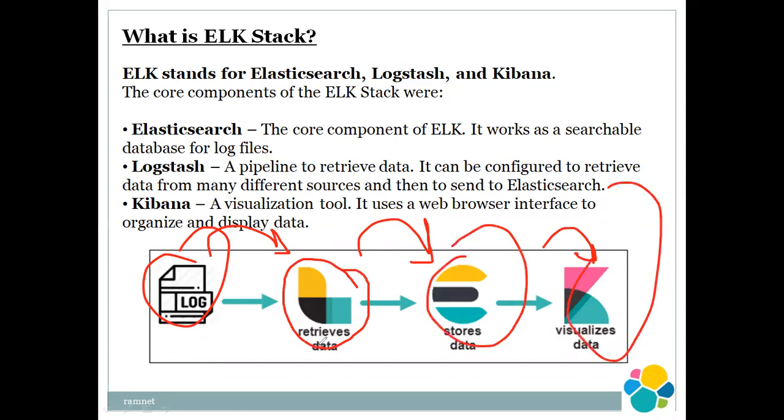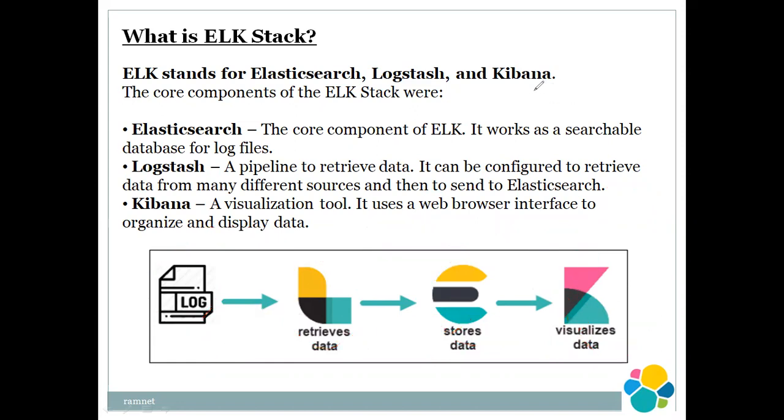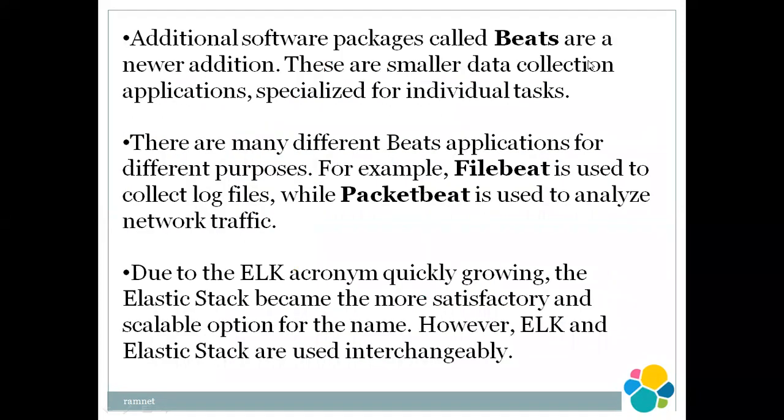L means LogStash, E means Elasticsearch, and K means Kibana. So it comes in this way. LogStash is processing and storing things, then Kibana will show you the graphics, some charts and other things. So what will Elasticsearch do? It will search.